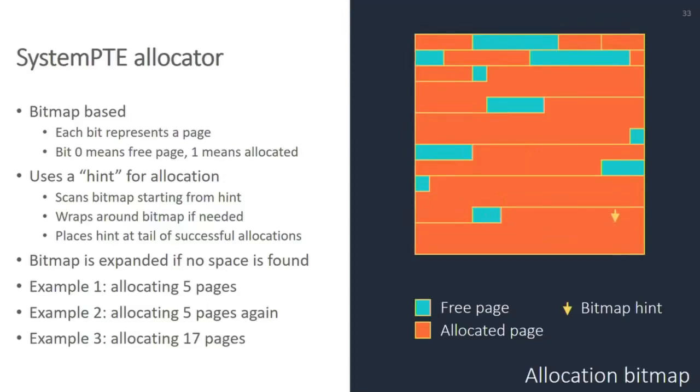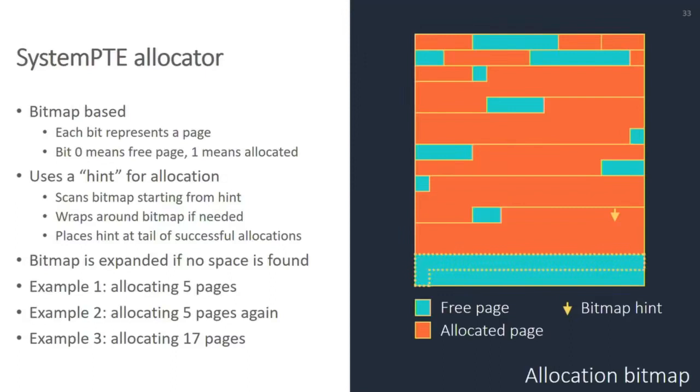Now, the last example that is also important is, let's say you want to allocate 17 pages, which is a lot of pages, and you don't have that many free inside your bitmap. It walks the entire bitmap and doesn't find anything. That's kind of sad. What it's going to do is expand the bitmap, allocating a new block of 2 megabytes at the end of the bitmap, and then place its 17 pages in there, and then it updates everything.